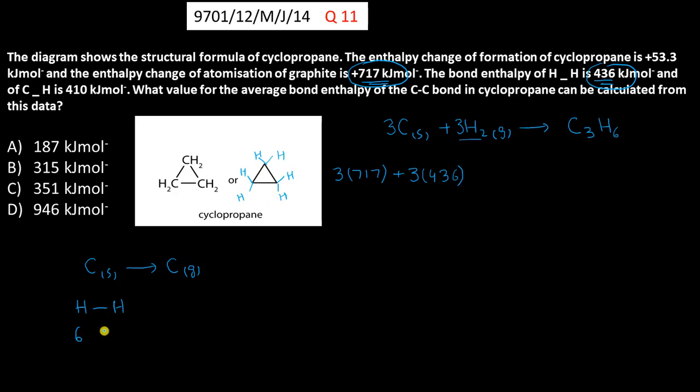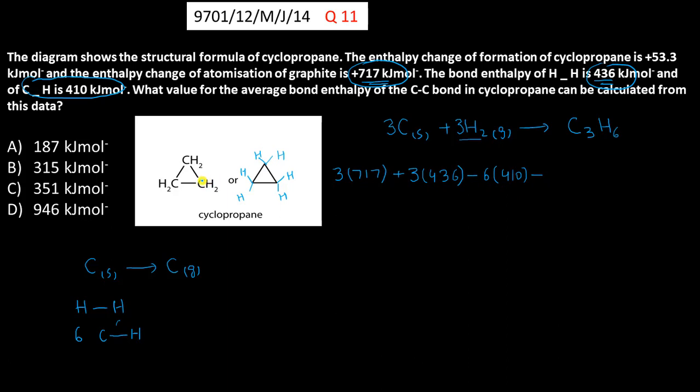So there are 6 carbon to hydrogen bonds, and in order to form 1 mole of carbon to hydrogen bonds, the energy that is evolved is 410 kilojoule per mole. So minus 6 into 410. Why did I put a negative sign here? Because during bond formation energy is released.